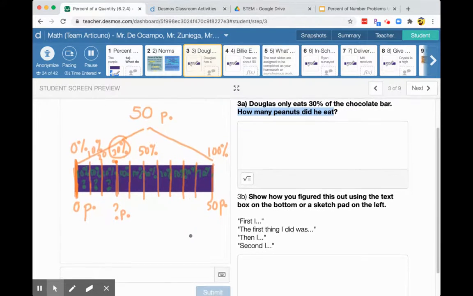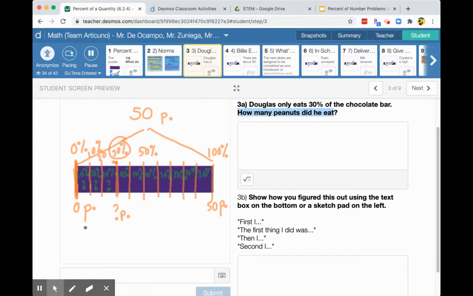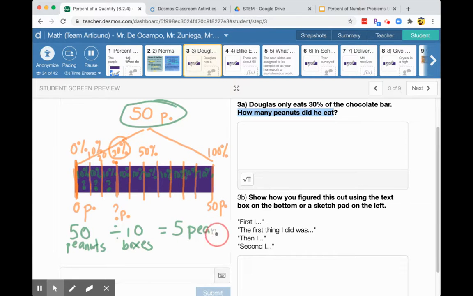And we can go back to what we were talking about earlier when we said, hey, this whole chocolate bar has 50 peanuts. Well, this whole chocolate bar has 50 peanuts and it's split into 10 pieces. So if we divide it by 10, we would get 5 peanuts in each box.